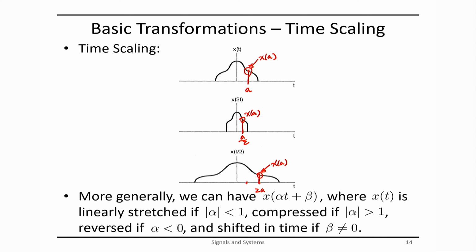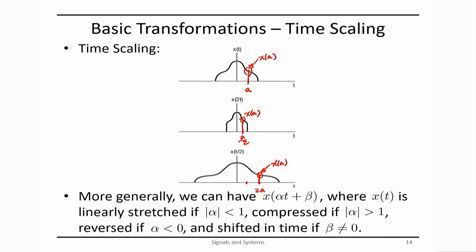Now the beta here corresponds to a time shift, whereas the alpha here, depending on whether you choose alpha to be greater than 1 or less than 1, corresponds to the compression or stretching of the signal. And depending on whether alpha is positive or negative, you may have the original signal or its time reversed version. So this is actually summarized here.